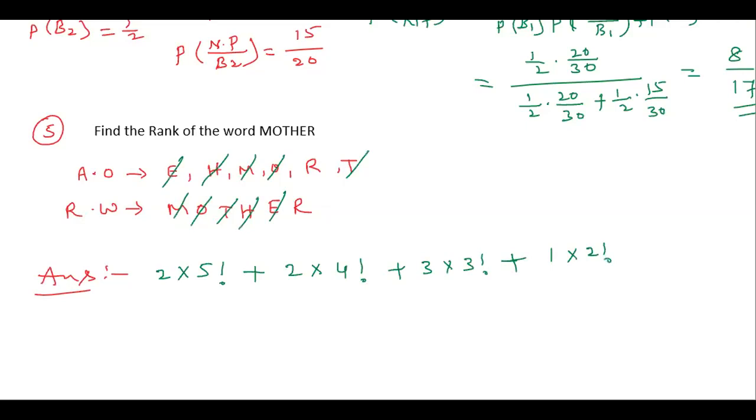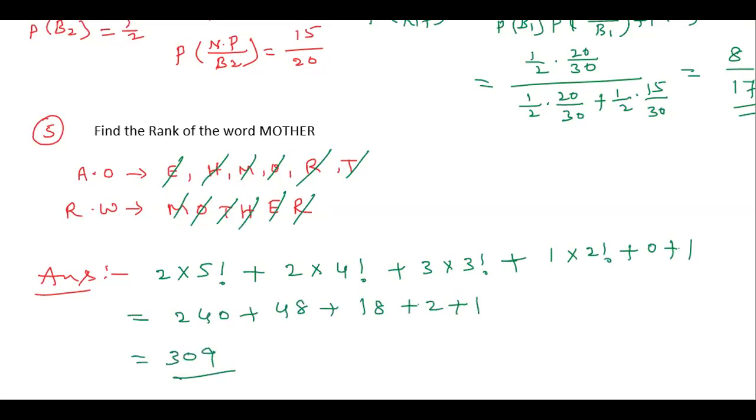E: before E there is no letter, write 0, plus R. Finally, we got the word MOTHER. This is 120 into 2, 240, plus 24 into 2, 48, plus 6 threes are 18, plus 2 plus 1. Total, calculate that, you will get 309. This is also a very easy question.